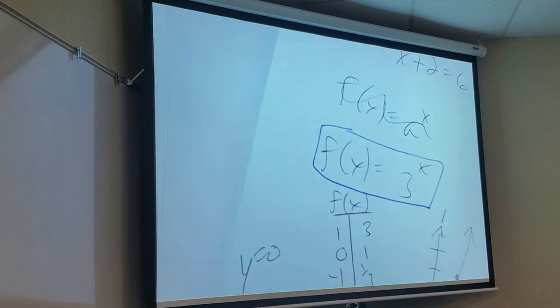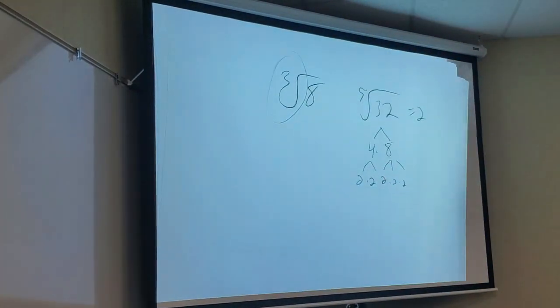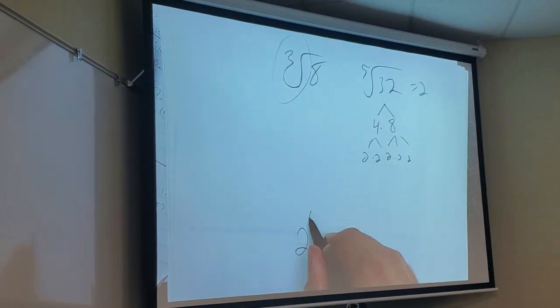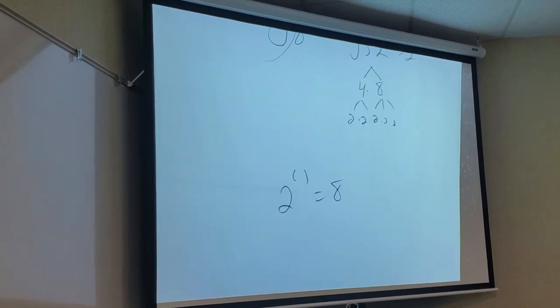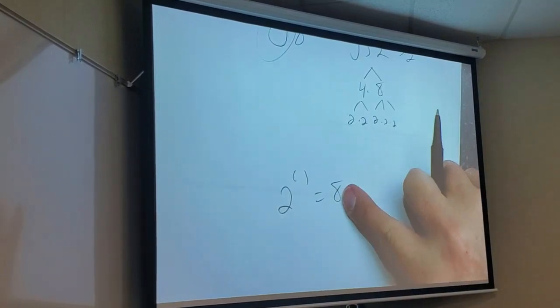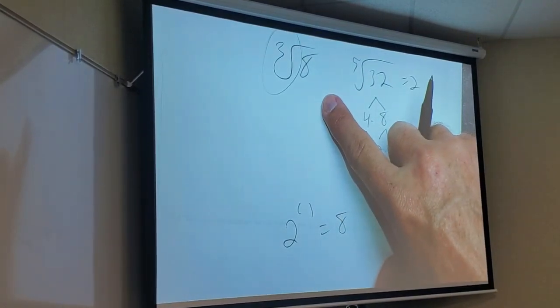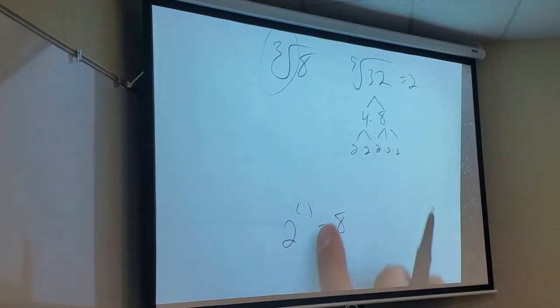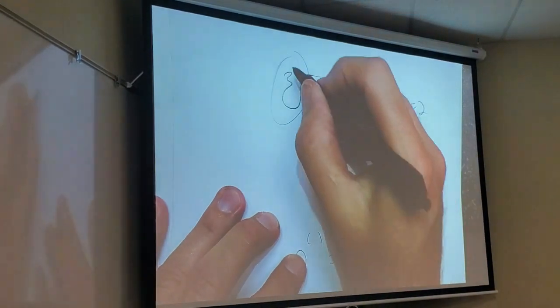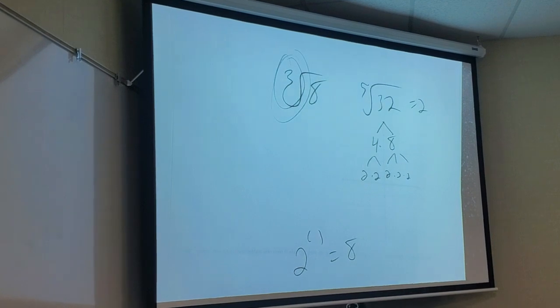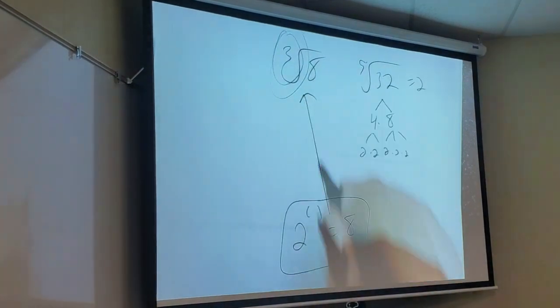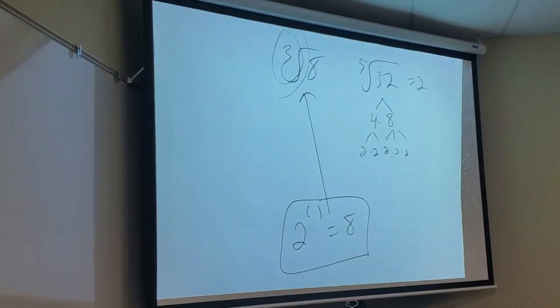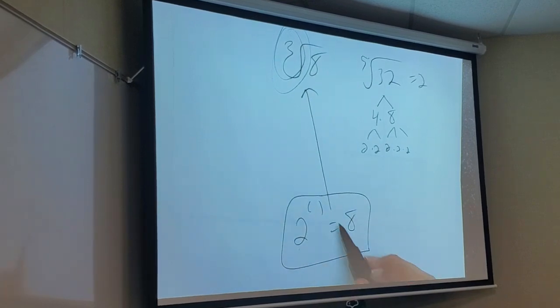Okay. So in much the same way, now watch this. If I was to say 2 to the what equals 8, do you see how that's the exact same question as this? It's just that I have to use an empty space. So that's why we developed the cube root symbol, so I can represent this question more directly. I don't want to say 2 to the what equals 8.